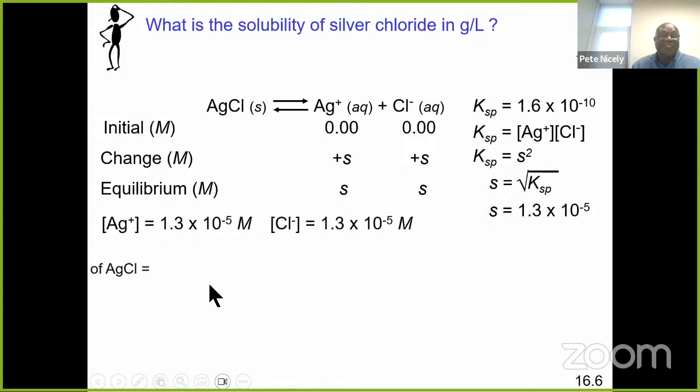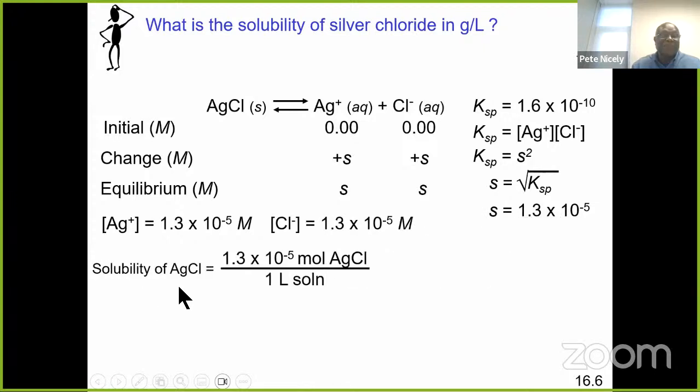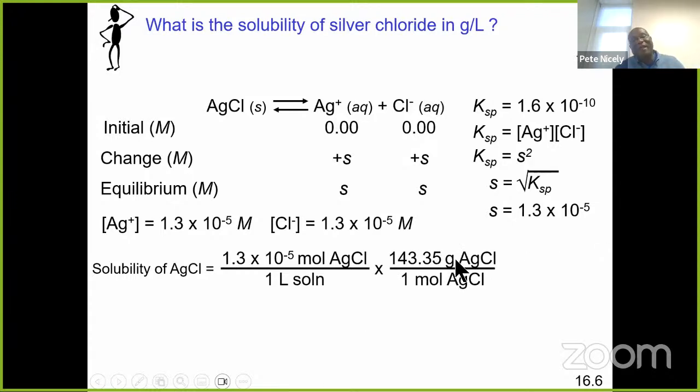So to do that, we take the molar solubility and convert it to grams per liter by multiplying by the molar mass of the silver chloride. And the answer in this case works out to be 1.9 times 10 to the minus 3 grams per liter. All right. So that's basically how that is done.